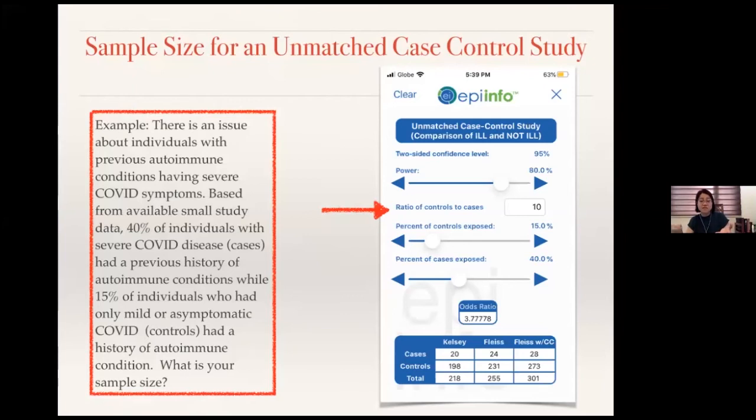With that, I will end up with a bigger number, 255. But I will get 231 mild or asymptomatic cases versus only 24 severe COVID cases. So it's more doable. It's more realistic, right?